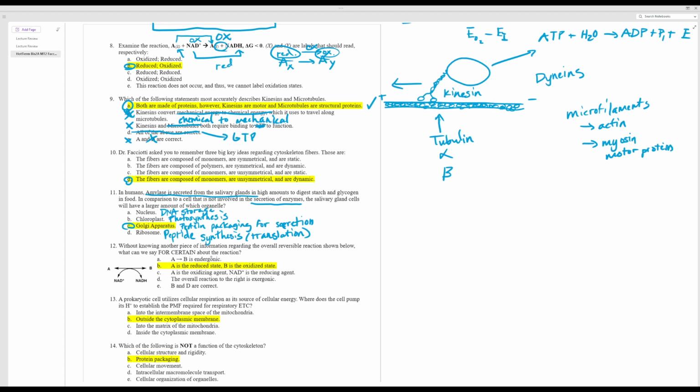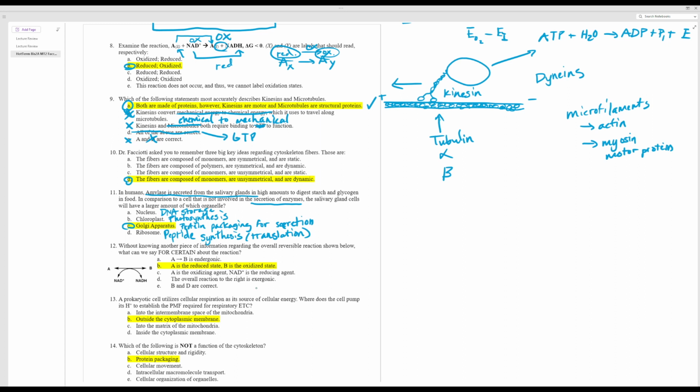So to say A to B is endergonic, how do I know that A to B is endergonic? There's nothing that tells me that A to B is endergonic. B to A could also be endergonic. A to B could be exergonic. I don't know.